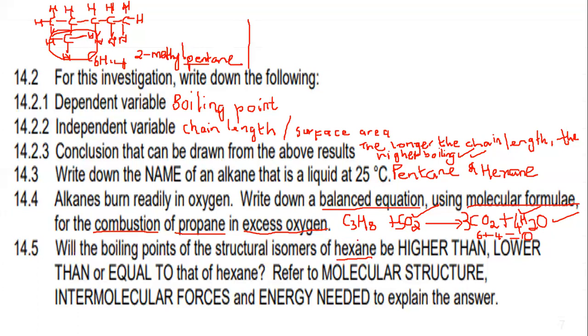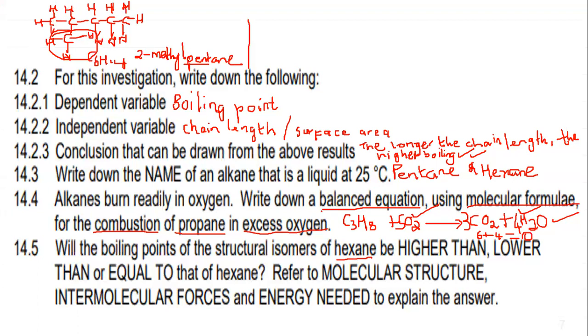It means the chain length of hexane is larger than the chain length of pentane. So the surface area of hexane is larger than the surface area of 2-methyl pentane. And we know the longer the chain length, the stronger the intermolecular forces. The shorter the chain length, the weaker the intermolecular forces.